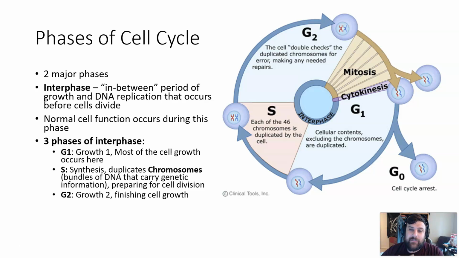After that synthesis is done is the G2 phase, where the cell finishes growing, and if you look on your right, it expands on this a little bit more. There's also a double checking process that occurs to make sure that the chromosomes are correct. But for now, we'll just focus on the growth aspect. We'll go more into the DNA and chromosomes later.